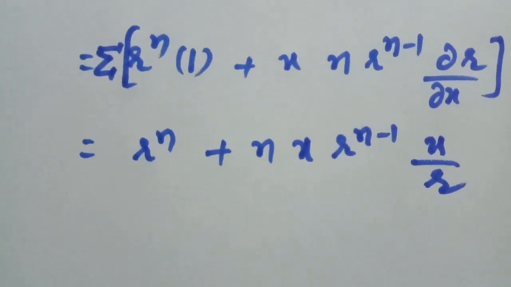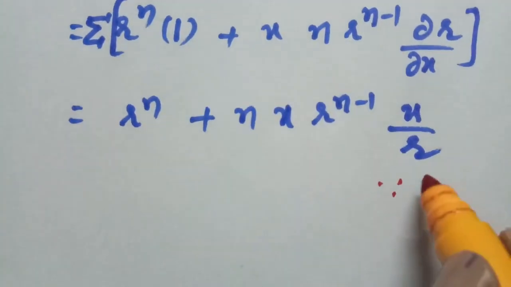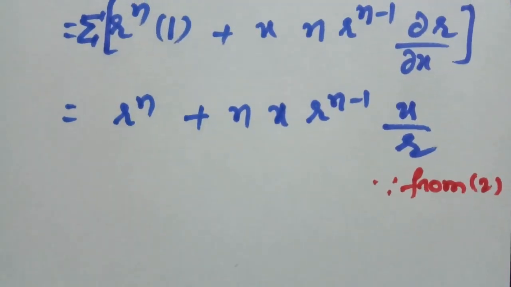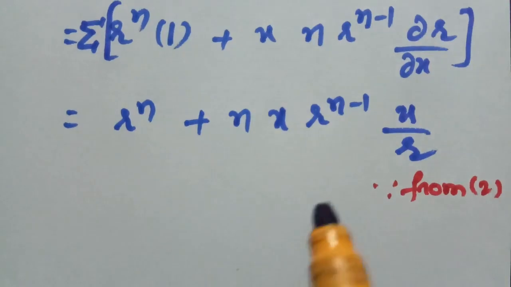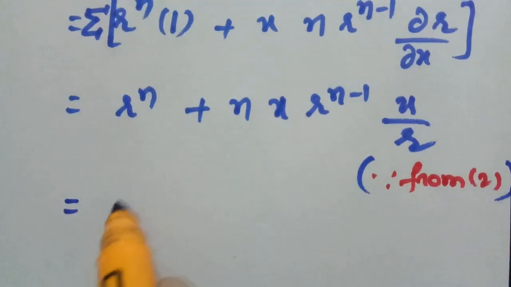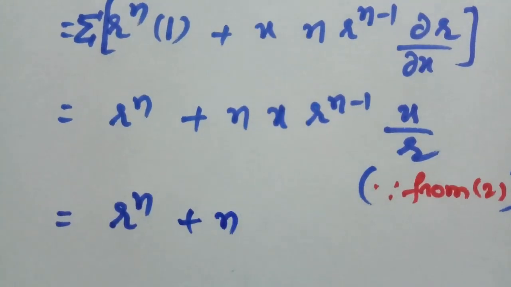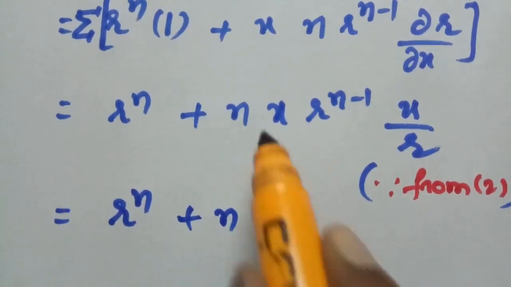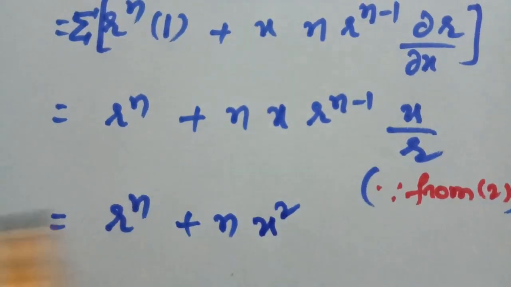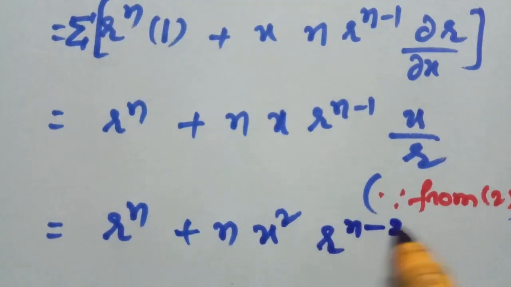Therefore, from equation 2, now simplifying, this is equal to r power n plus n into x into x, that is x square, r power n minus 1 by r, by the exponents formula. This can be written as r to the power of n minus 2.